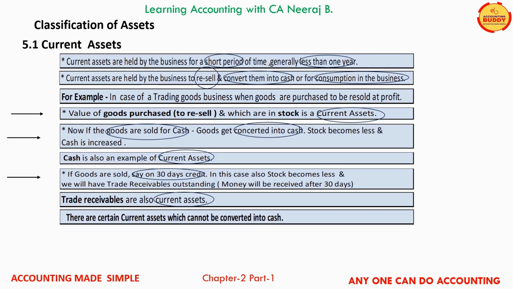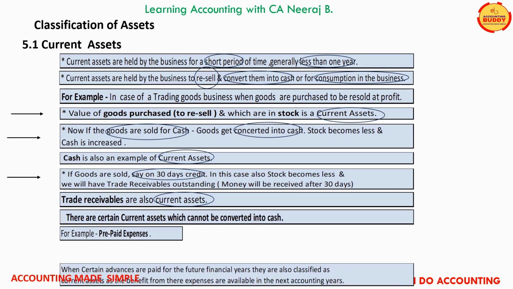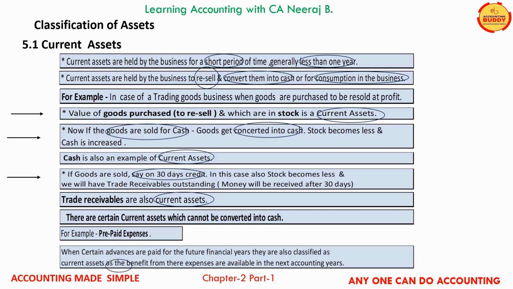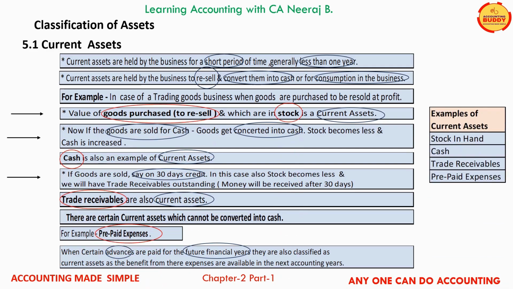There are certain current assets which cannot be converted into cash. For example, prepaid expenses. Prepaid expenses means the amount paid in advance for the future periods. Such amounts are classified as current assets. To sum up, stock in hand, cash, trade receivables, and prepaid expenses are some of the examples of current assets.